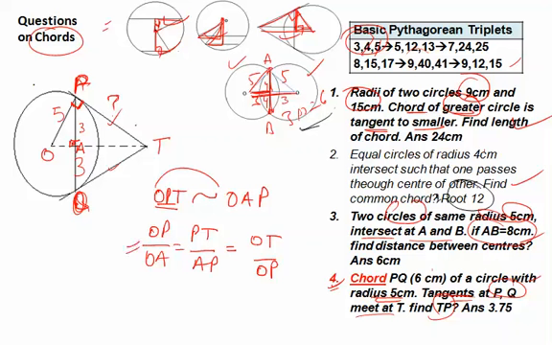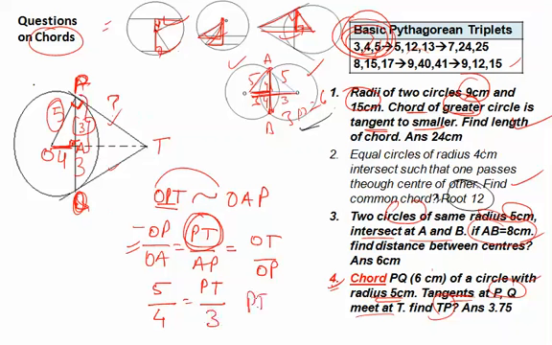You have to find PT. OP is 5, and OA is 4: if this is 5 and this is 3, by the triplet this will be 4. AP is 3, so PT by cross multiplication is 15 by 4. That is your answer.